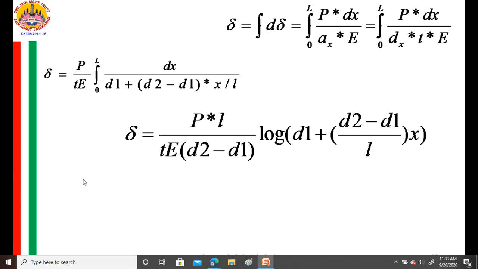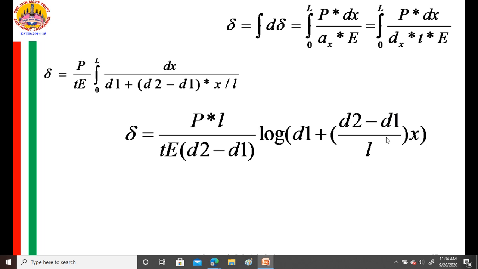Once again, I will repeat here. P is constant, we are taking it out. T is constant, we are taking it out. E is constant, we are taking it out. Left out is the integration from 0 to L of dx divided by d subscript x. Integration of 1 divided by dx is nothing but log of dx, that is this term.